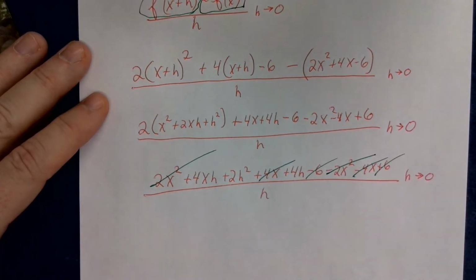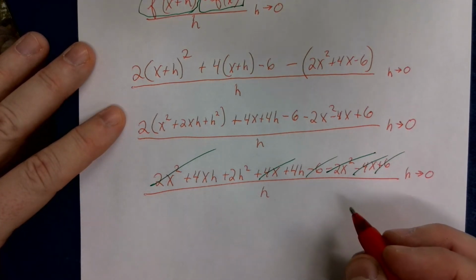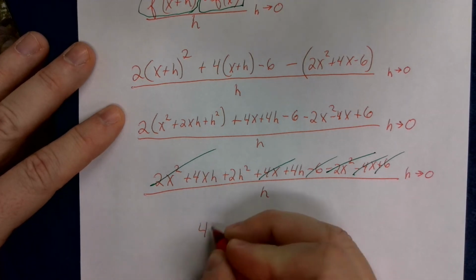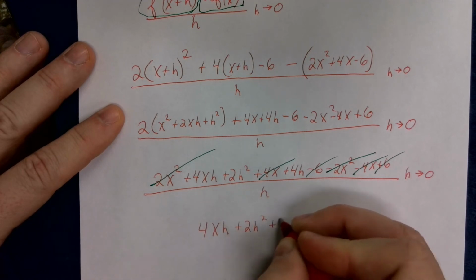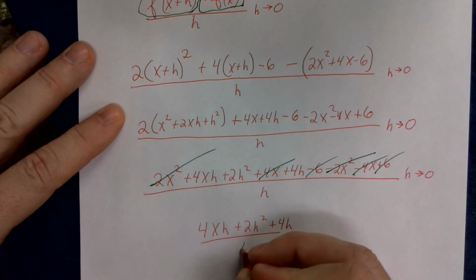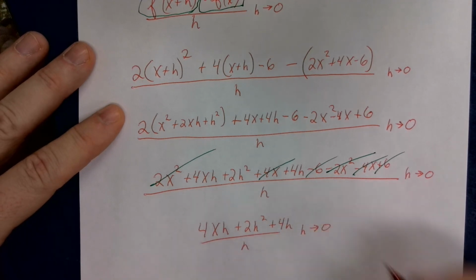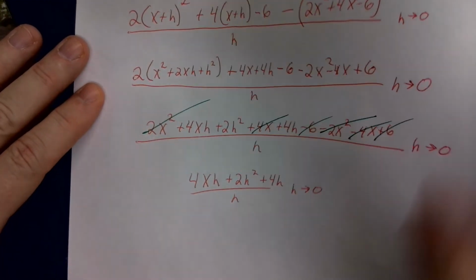And here's what's really nice: every term that's left has h's in them. If you have something that doesn't have an h in it, something went wrong, because they should all go away. So now I have 4xh plus 2h squared plus 4h over h as h gets really, really tiny. Good?